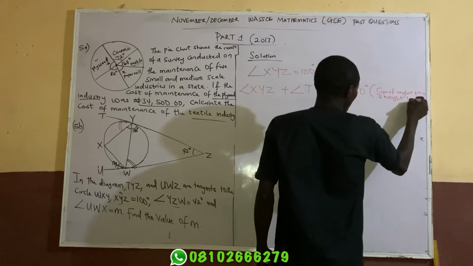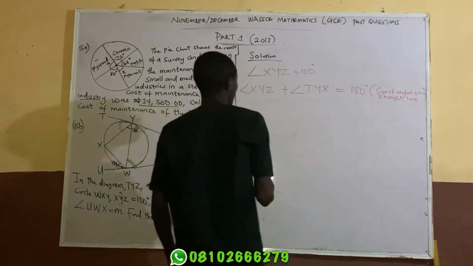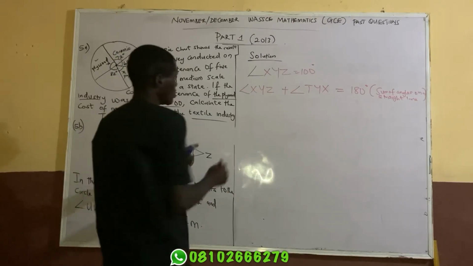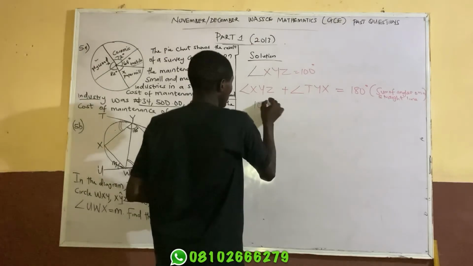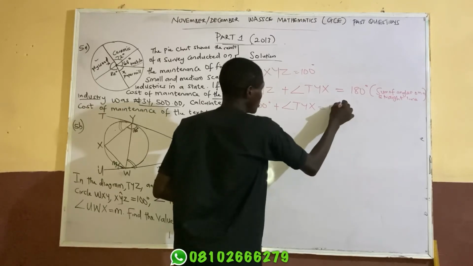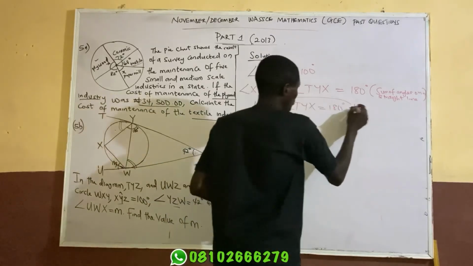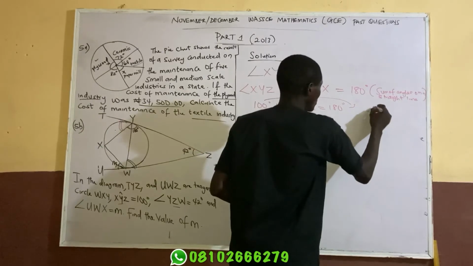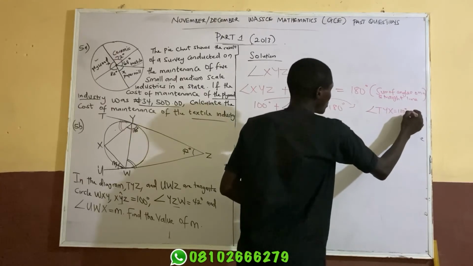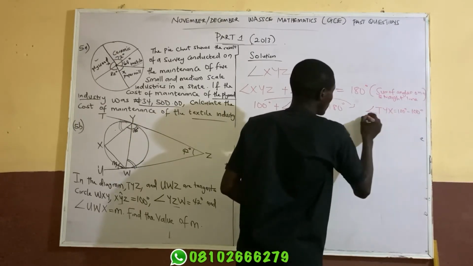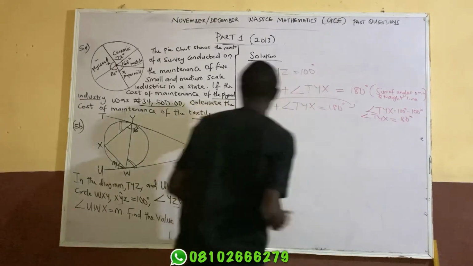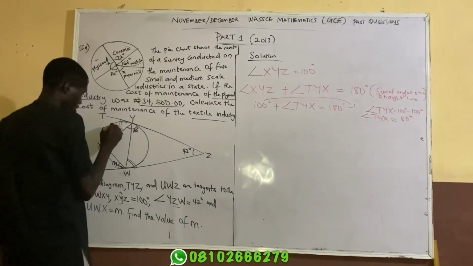So now we have XYZ given as 100 degrees plus angle TYX, which is equal to 180 degrees. So we transfer this one to the other side. We have angle TYX equal to 180 degrees minus 100 degrees. So angle TYX is equal to 80 degrees.